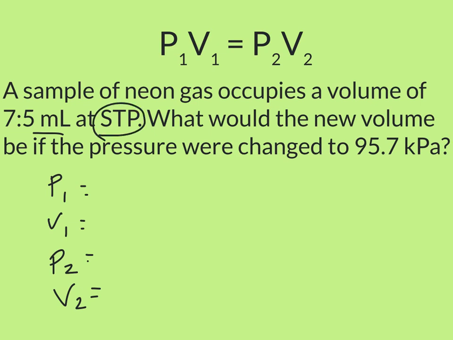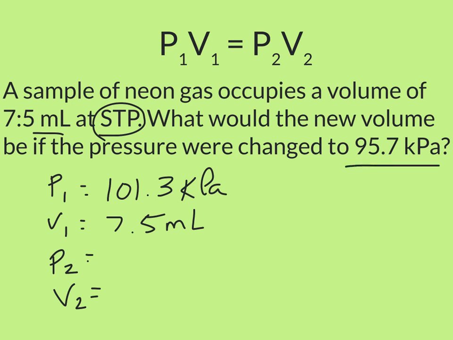STP is actually a measure of pressure. So I'm going to use kilopascals, so my first pressure is going to be 101.3 kilopascals. And my volume at that pressure is 7.5 milliliters. Now I'm told that I'm going to change the pressure to 95.7 kilopascals, and I'm asked to find my new volume.